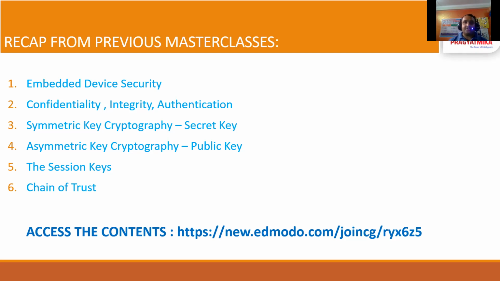In that, we talked about device security, and thereafter the three key elements of IoT security, which relate to the confidentiality of your information, the integrity, and how you authenticate whoever wants to join your IoT ecosystem. So how do you authenticate and authorize them? There are different means for that.